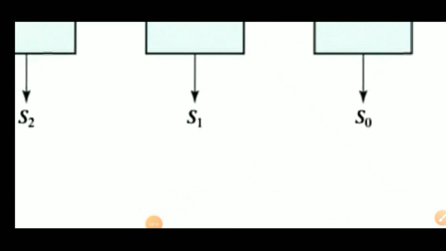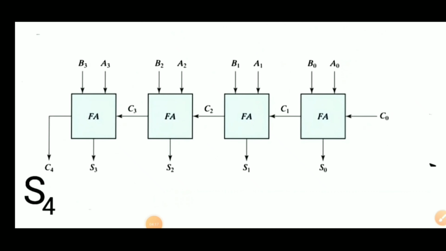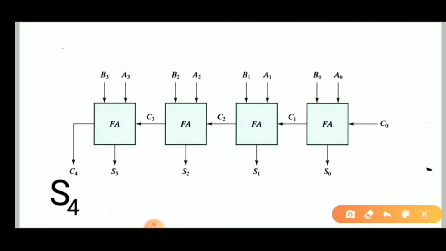Now come to this circuit. In case of this circuit, we have taken 4 full adders. Okay, this is the first one, this is the second one, this is the third one, this is the fourth one.